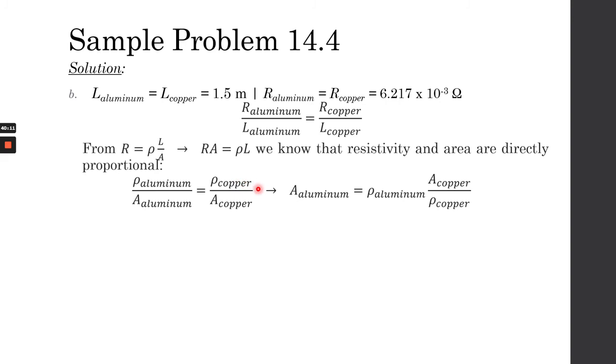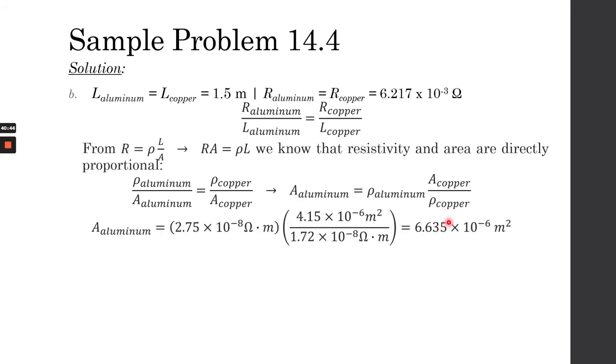So multiply both sides by the area of the aluminum, basically cross multiplication, and then divide both sides by the resistivity of the copper, and with simple algebra rearrangement, we know that the area of the aluminum is equal to the resistivity of the aluminum multiplied by the area of the copper divided by the resistivity of the copper.